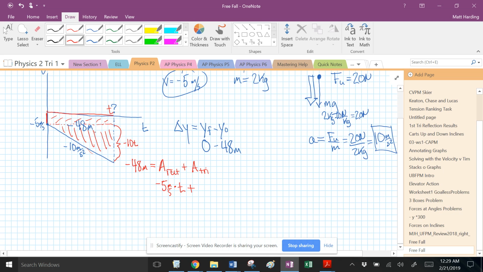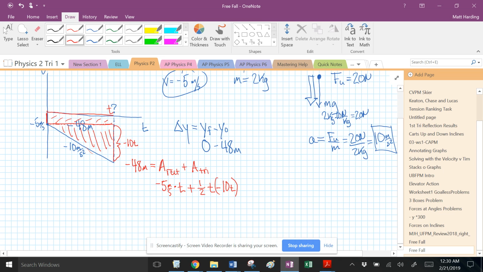The triangle, similarly, well, let's see, make sure it's a triangle, so I better put that 1/2 in there. Base of the triangle is t, and the height of the triangle is negative 10t.